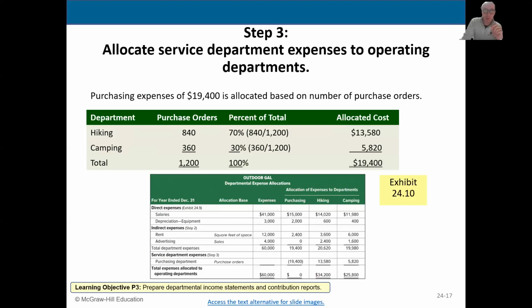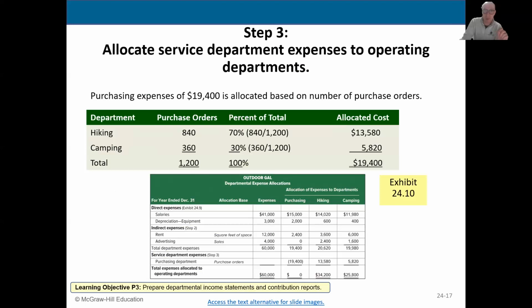19,400 total expenses for the purchasing department. We allocate it based off of the number of purchase orders. The total number of purchase orders for the company was 1,200 for the year. Hiking department had 840, camping had 360. 840 divided by 1,200 is 70%. 360 divided by 1,200 is 30%.